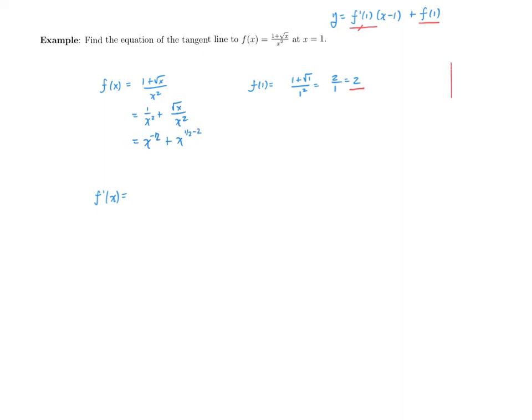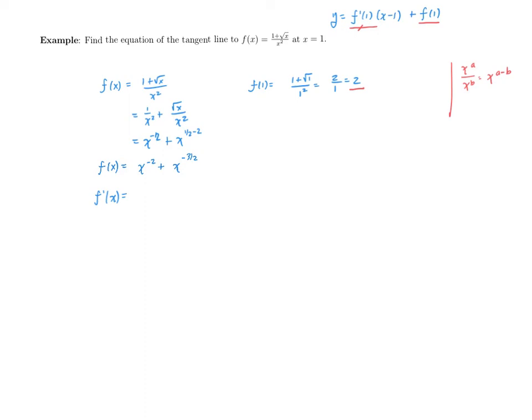And I'll just note x to the a over x to the b is x to the a minus b. So f of x is really just x to the minus 2 plus x to the minus 3/2.